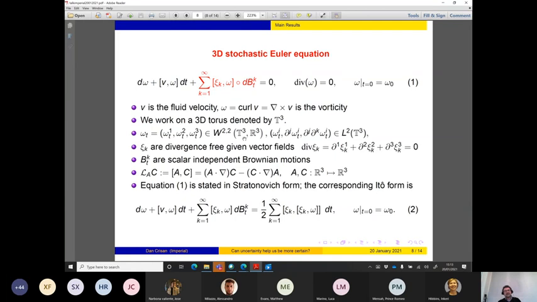And in here, when you try to analyze mathematically the solution, you assume that the solution belongs to some space. First of all, the underlying space is the torus. That makes things very simple. This is a three-dimensional torus.